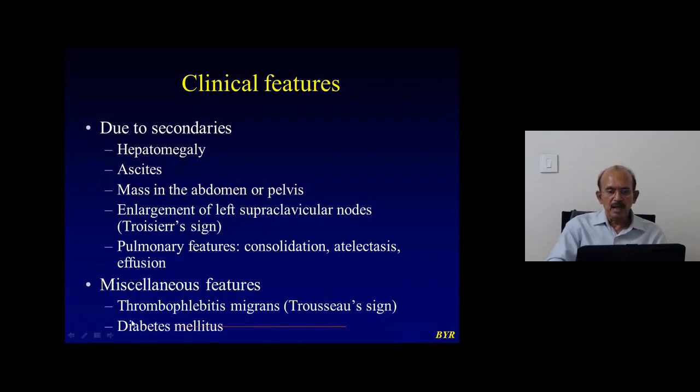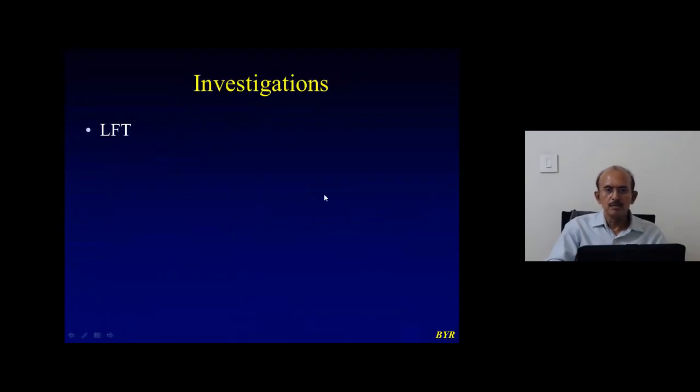Then the patient may come to you with diabetes mellitus in very large tumors infiltrating the pancreas. Investigations for a case of carcinoma of the pancreas: liver function tests, because 85% of patients with carcinoma of the pancreas come to you with the symptom of jaundice.